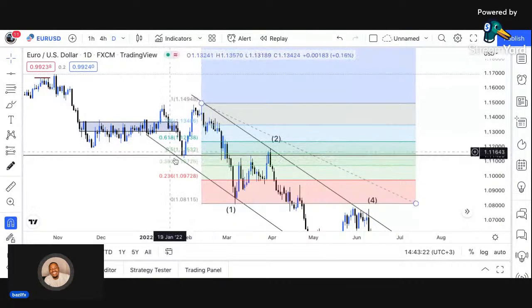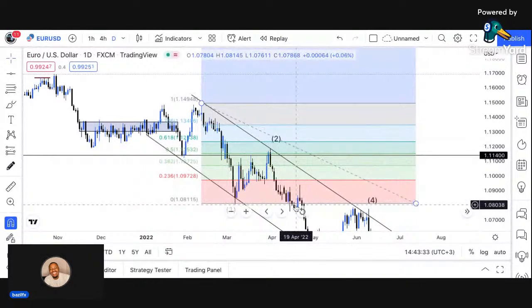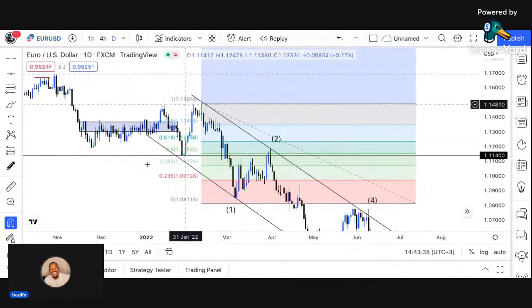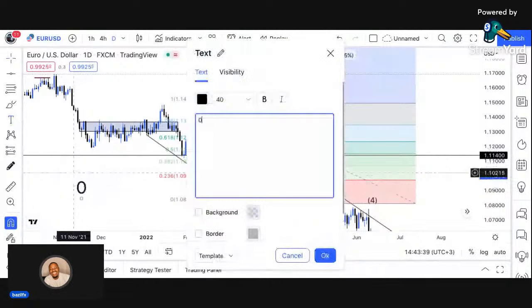Price mostly retraces only to 38.2 or 50 or 61. This is why you always wait for price to reach these levels and then reverse down. Guys, note this in your notebooks. The most important levels are 0.382, 0.5 and 0.61. I want you to note this down.